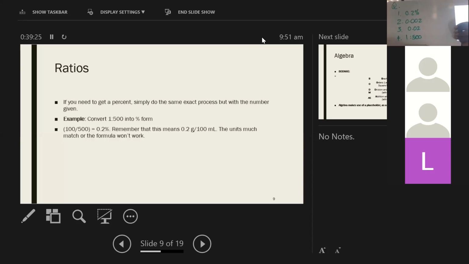The question says: choose the incorrect answer that is not equal to the others. You see that I've written them in different formats. You've got your 0.2%, you've got your 0.002%, you've got your 0.02, and then you've got your 1 out of 500. Then you have to choose the one that is not equal to the other 3.